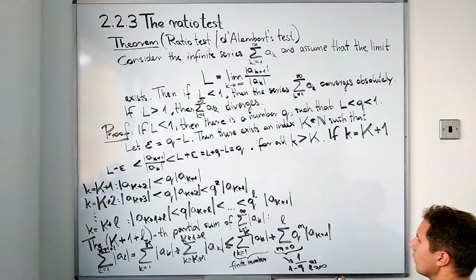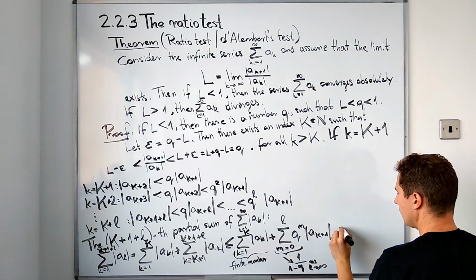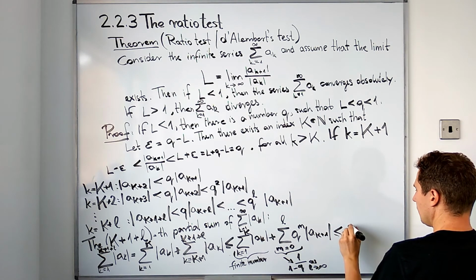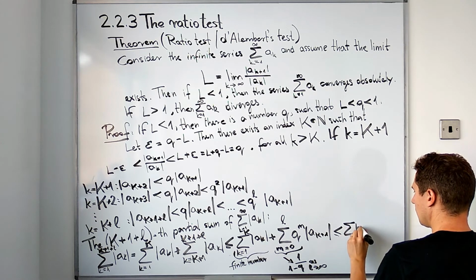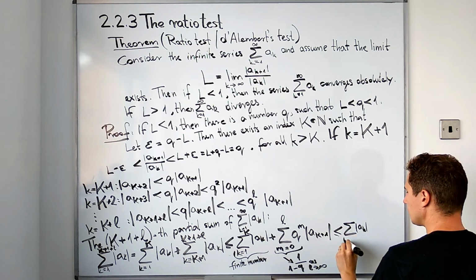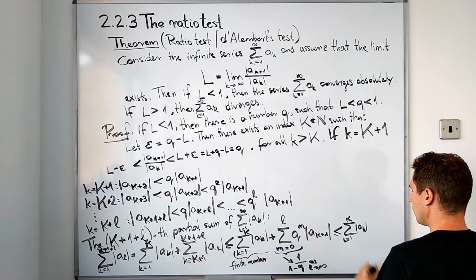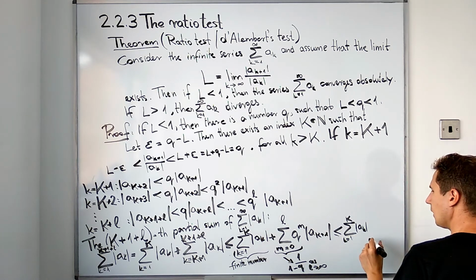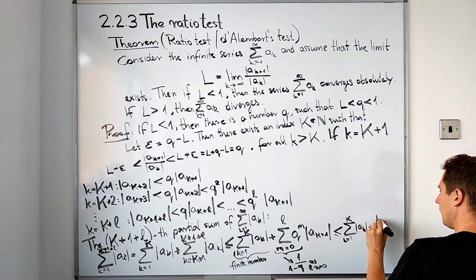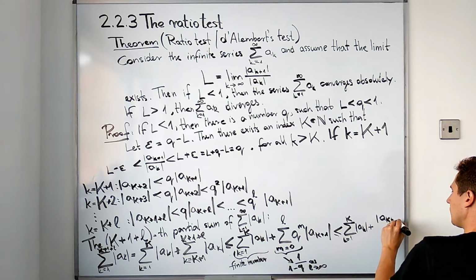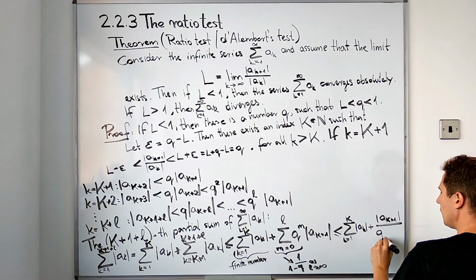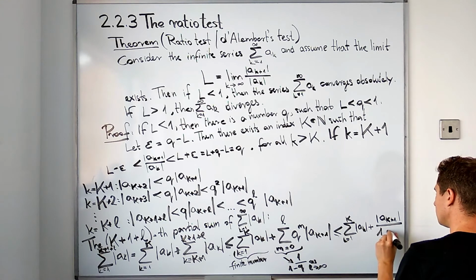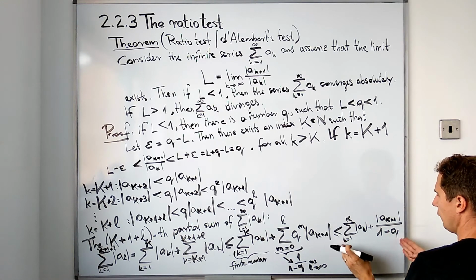So this is definitely less than or equal to this finite sum, that is the capital K's partial sum of our infinite series, plus the absolute value of a_{K+1} divided by 1 minus q. And this is a finite number.